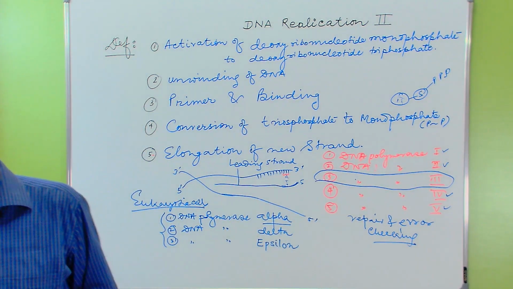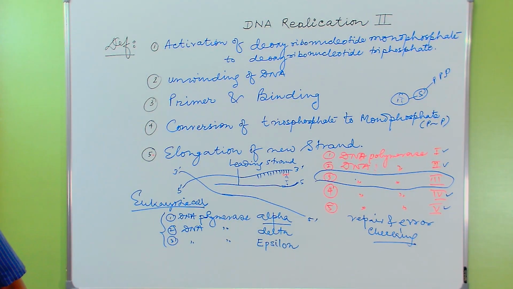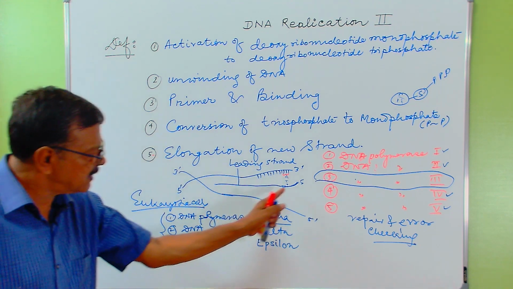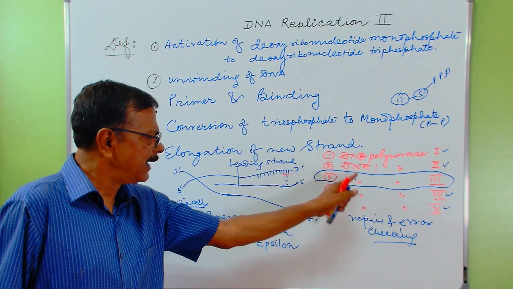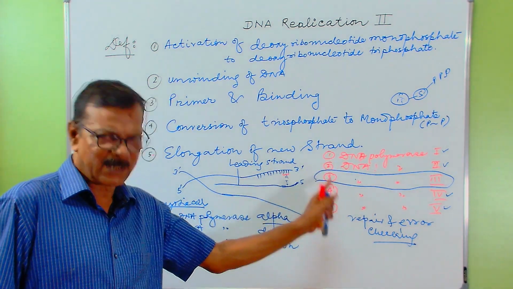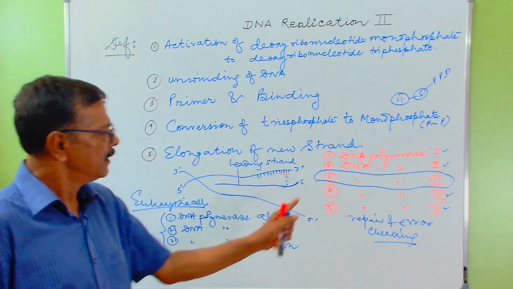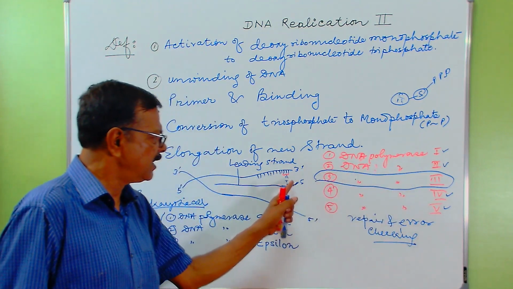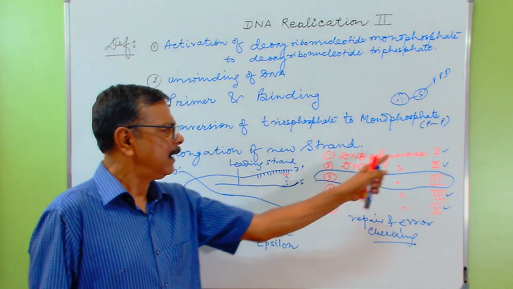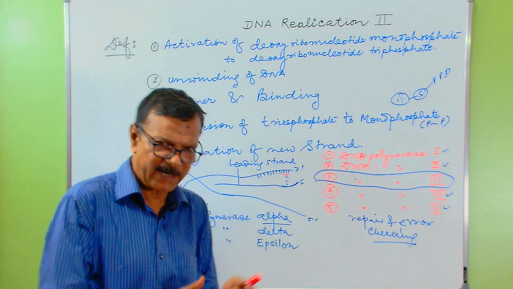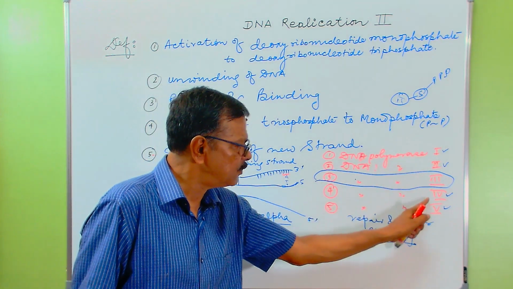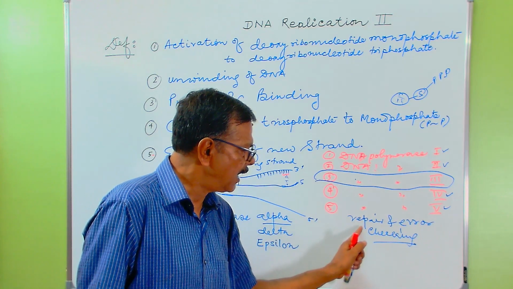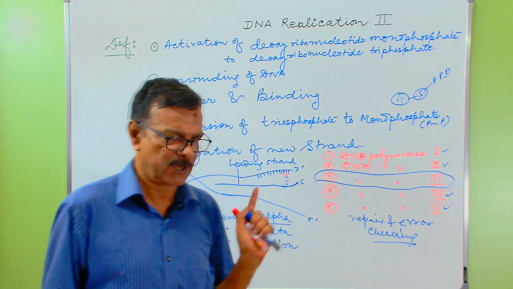So the leading strand proceeds from 5 to 3 here. In E. coli and others, and in humans also, it is written in the book that DNA polymerase 3 is the main enzyme, while you should write that DNA polymerase 1, 2, 4 and 5 are meant for repair and error checking.